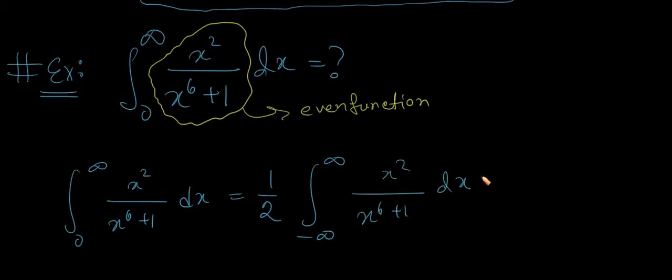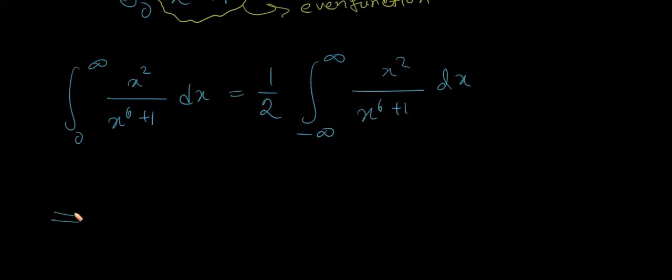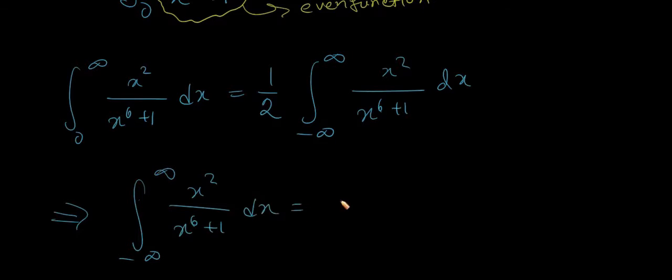So ultimately this just implies that the integral from minus infinity to plus infinity of x squared over x to the power 6 plus 1 dx is equal to 2 times the integral from 0 to infinity of x squared over x to the power 6 plus 1.